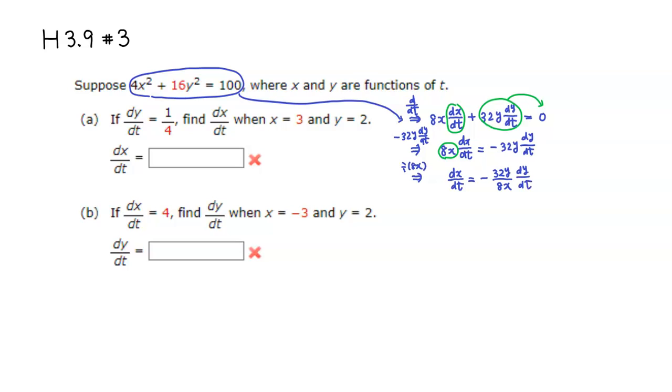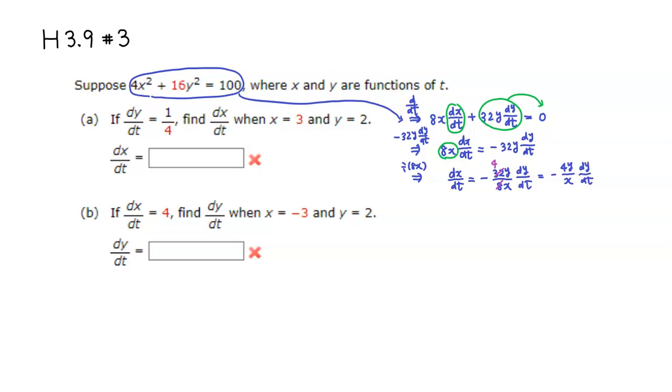We can simplify. 32 divided by 8 is 4, so this simplifies to negative 4y over x dy over dt.